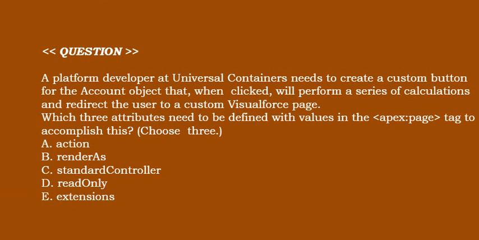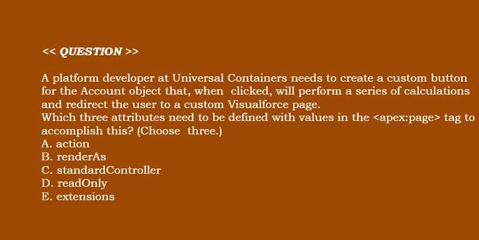Next question is a platform developer at Universal Containers needs to create a custom button for the account object that, when clicked, will perform a series of calculations and redirect the user to a custom Visualforce page. Which three attributes need to be defined with the value in the Apex page tag to accomplish this?